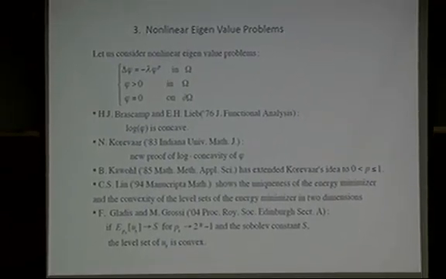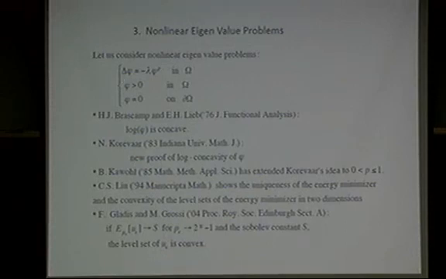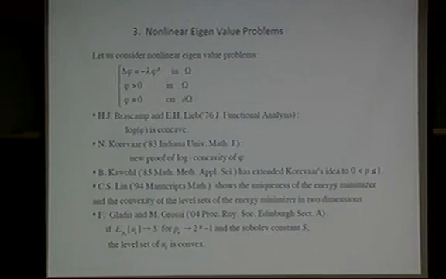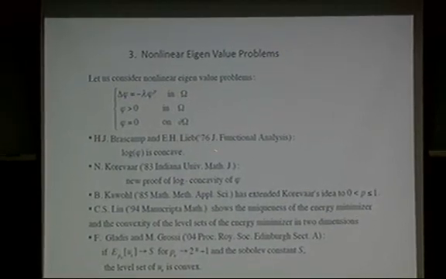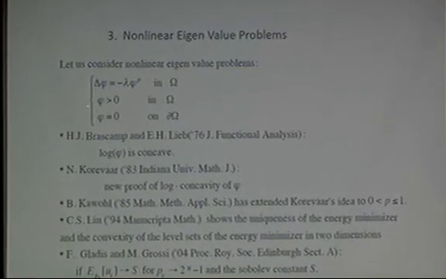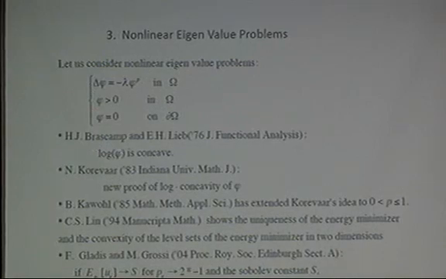So now let's go back to the nonlinear eigenvalue problems. This is our problem, and it was started by Brascamp and Lieb in '76, and they showed the log of the first eigenfunction is concave. Basically they used the probability method, and there you have a fundamental solution which is log concave, and you have integral things, and the integral basically preserves log concavity and so on.